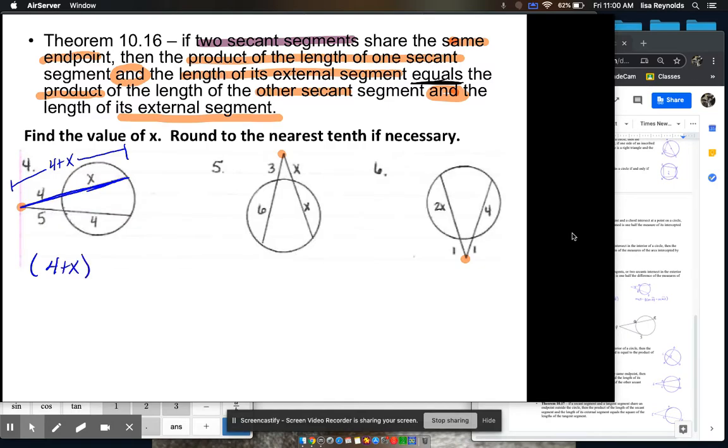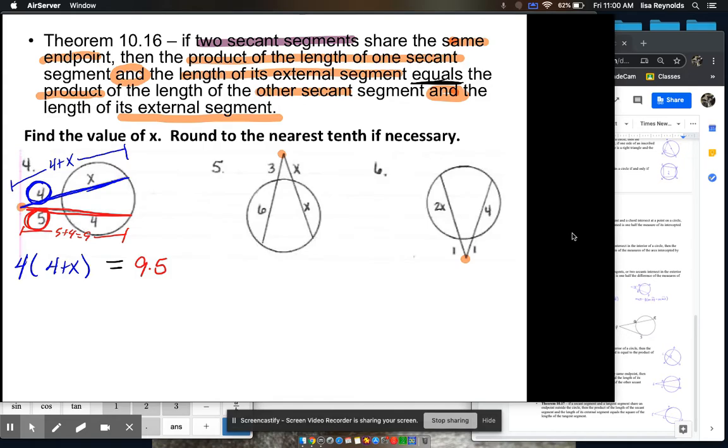And we multiply it by its external portion. We do the same thing with the other secant segment. We need the entire thing. So 5 plus 4 is 9. And we're going to multiply it by its external section, which is 5. And we set these products equal.